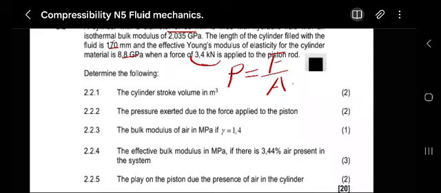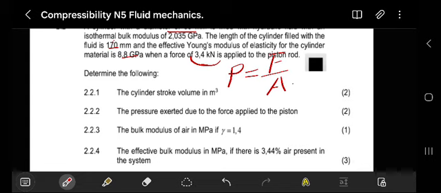I've explained what is effective bulk modulus. They said this is same as KE. Effective bulk modulus will be given by K, then little e there. This will be effective.